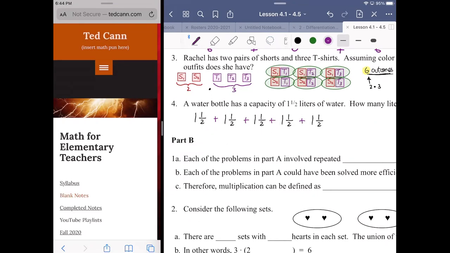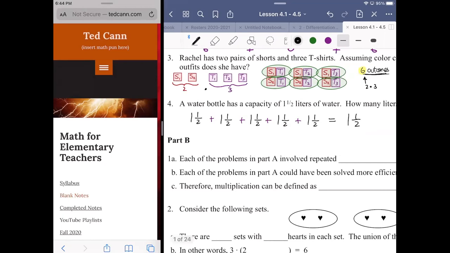And then you'll see, this really is the same idea, except it's a little bit more abstract. 1.5 liters of water rather than saying chocolate chips within a cookie. But it's really getting at the same concept. All right, now this is going to be the same as 1.5, 5 times.